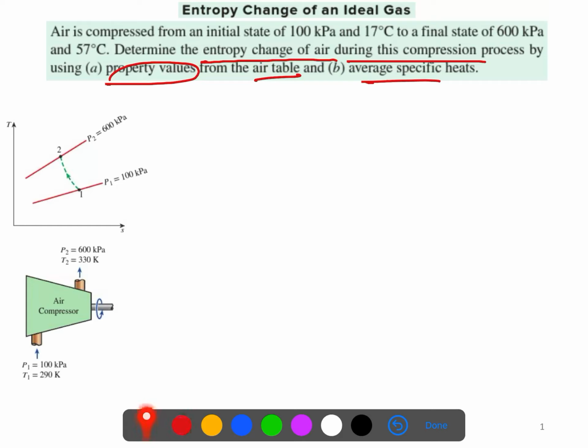Here it is given that it is entropy change of an ideal gas. So you can write down some assumptions and you can say, okay, this is ideal gas. Since the initial temperature is 17 and the final temperature is 57, which is higher than the critical properties of air.